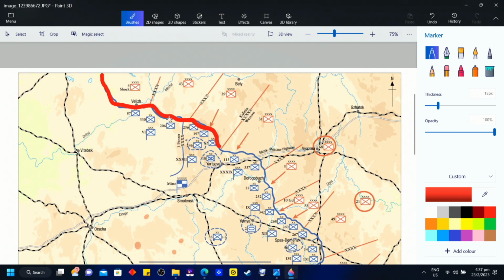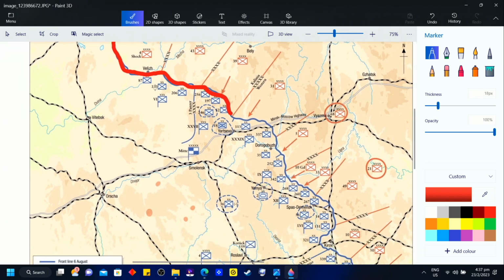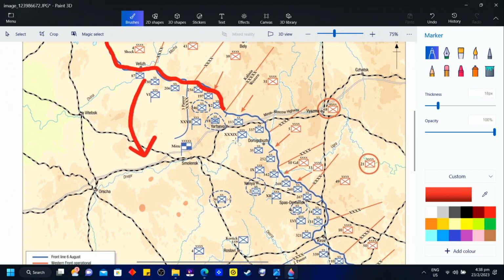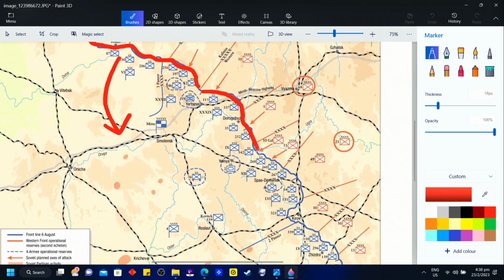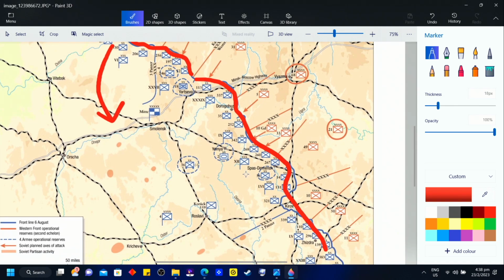The Kalinin Front will provide the northern attack on Smolensk, while the Western Front around here will attack in this direction. So the ultimate goal is to encircle Smolensk.